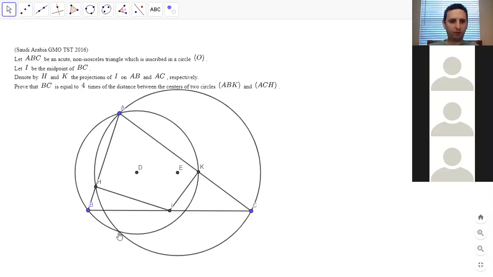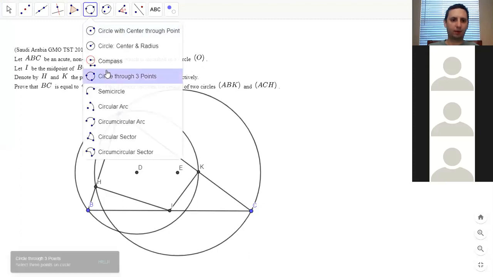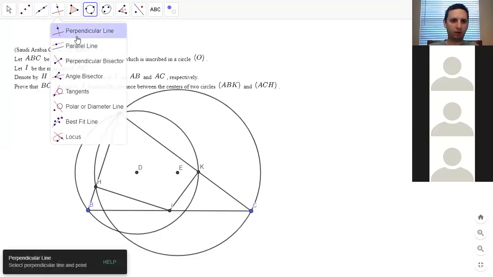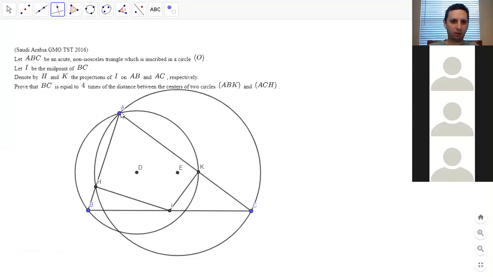I wonder if this is like the median. Yeah, we don't even need the circle O really. But I wonder, can you draw the altitude? Yeah. Oh yeah, it looks like it passes through the altitude.